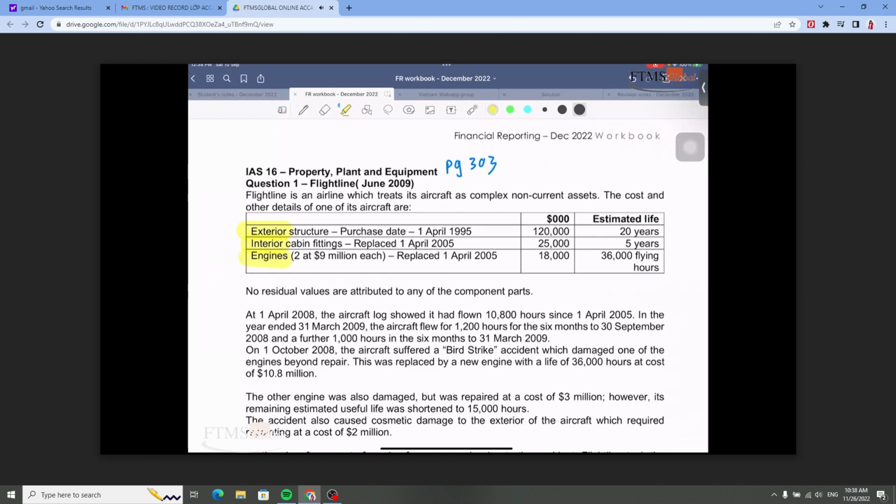Then next, no residual value is attributable to any of the component parts. So the keyword is no residual value. Hopefully you remember what we have discussed earlier. No scrap value. No scrap value means to say this must be straight line method.